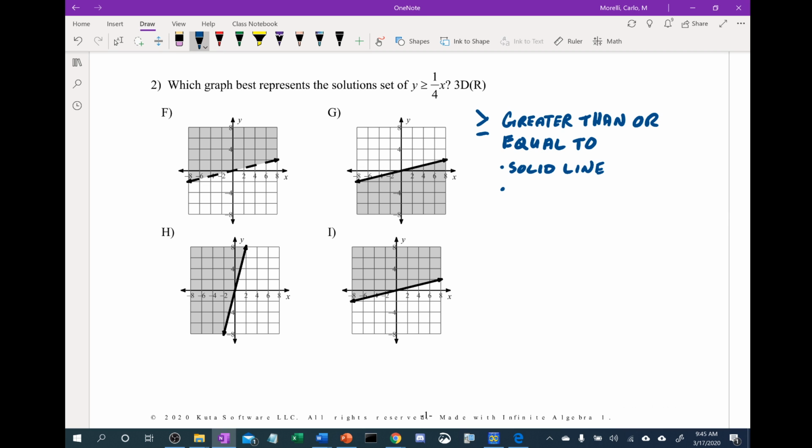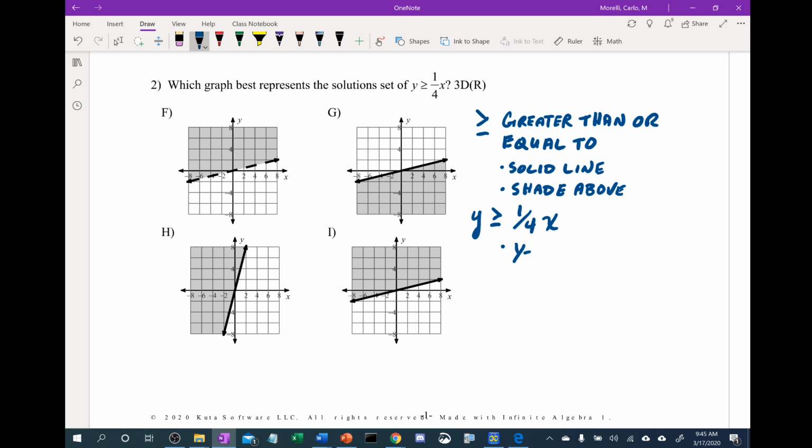And the greater than tells us we're going to shade above. Okay, so now let's analyze the actual inequality. So we have y greater than or equal to 1/4 x.